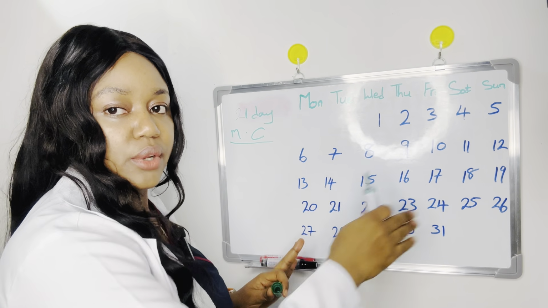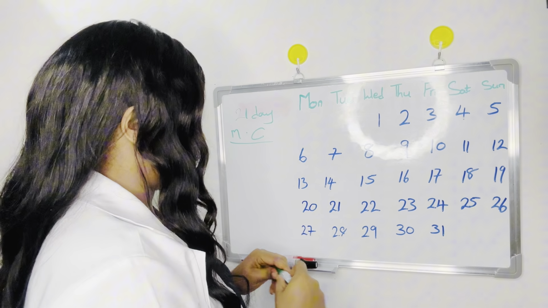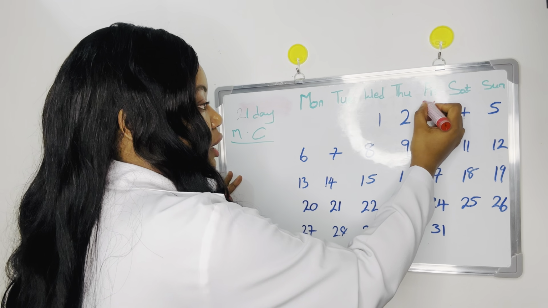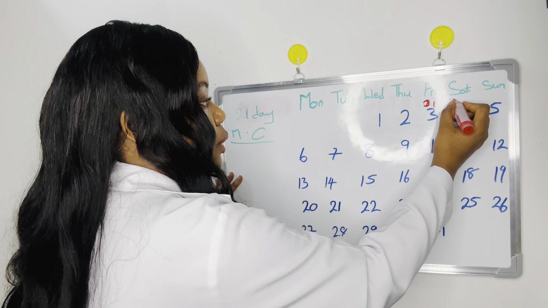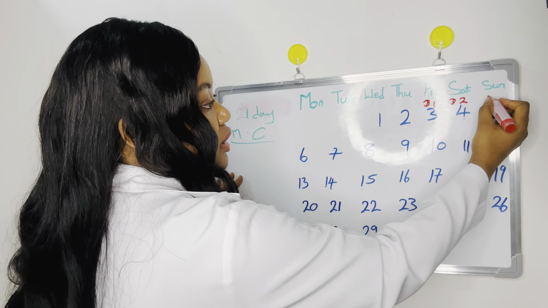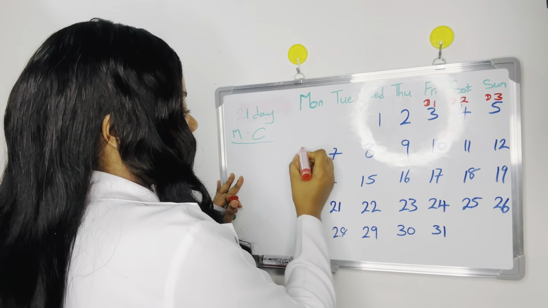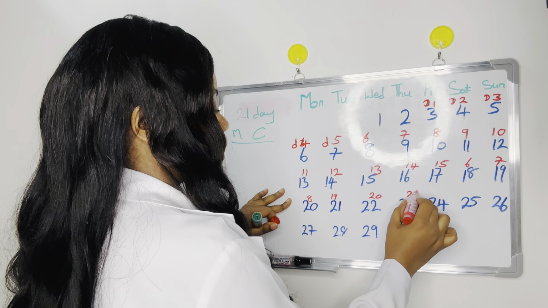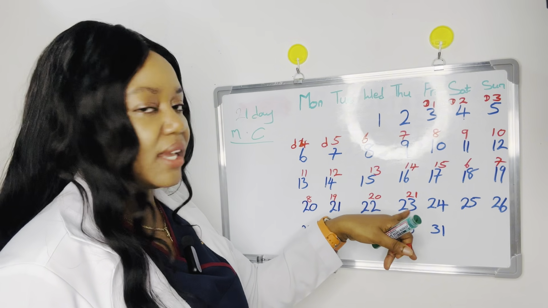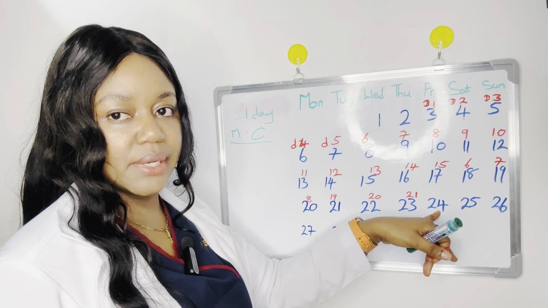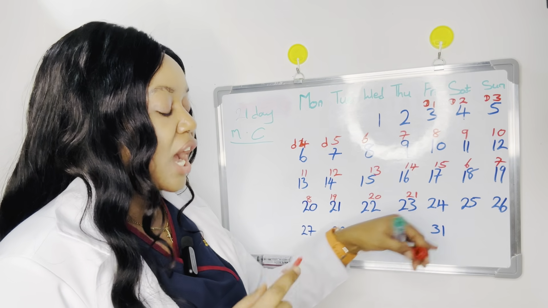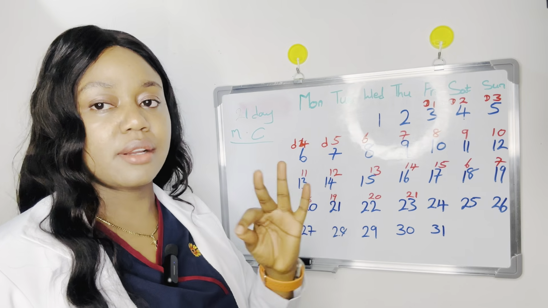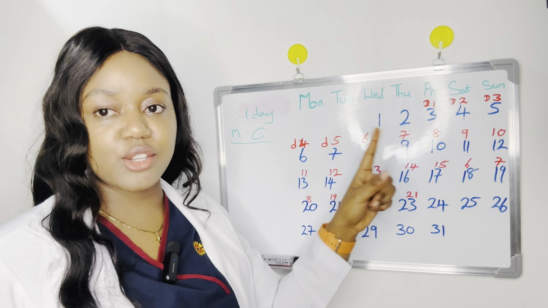How are we going to calculate the menstrual cycle? If the person started bleeding on day 3, that will be our first day. It will be day 1. Then this one will be day 2. This will be day 3. This 19, 20, 21. So this is the day before the person started bleeding. Like I said previously, for you to be able to know your menstrual cycle, you need to start from the first day you started bleeding.